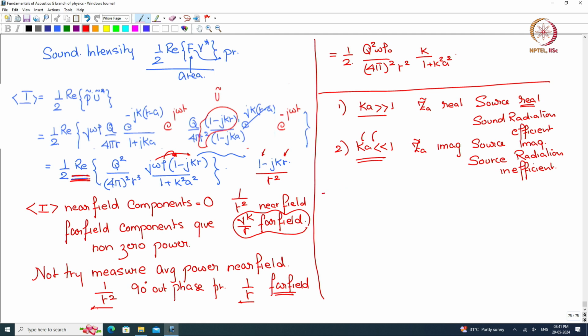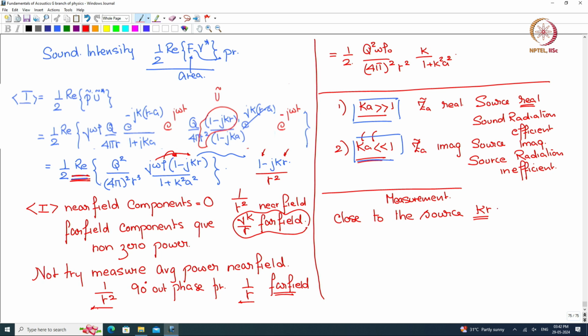The other is with regard to measurement. Whatever the source may be, small or large, if you are close to the source, so here we spoke about k times a, the source dimension, which is a. Here we talk about r; closeness or proximity to the source is in terms of k times r.